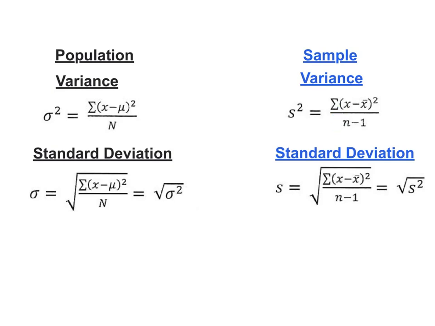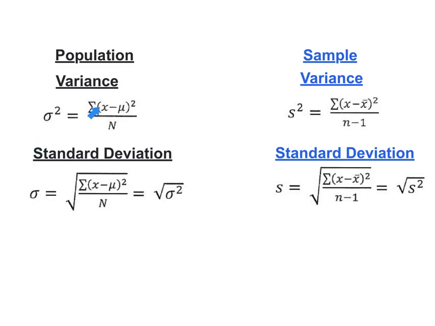I'll let you catch up. So again, key thing here, what's under the square root is just this. So that's the relationship between standard deviation, sample standard deviation, sample variance, population standard deviation, and population variance.